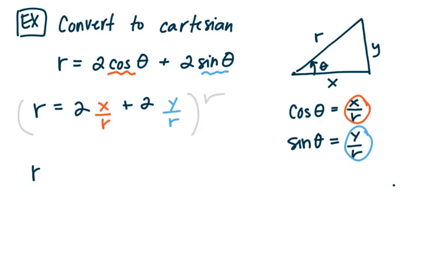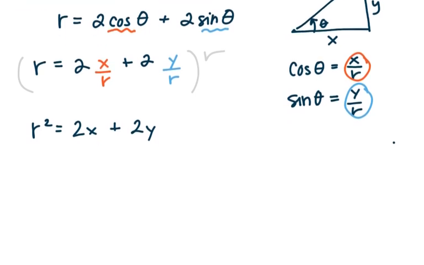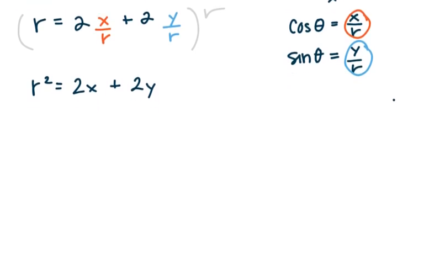If I do that, that gives me r squared equals 2x plus 2y. Now I know what r squared is equal to: r squared is equal to x squared plus y squared. So plugging this in, we have x squared plus y squared equals 2x plus 2y.